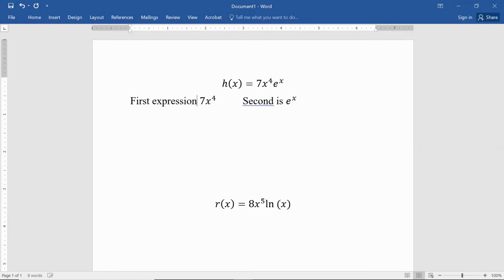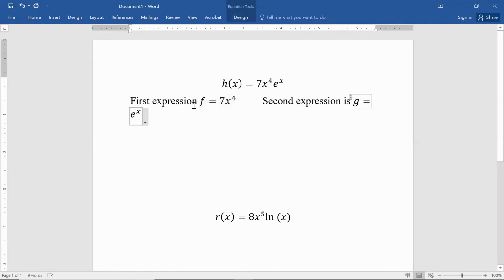We have one algebraic expression, which is 7x to the fourth, and it's multiplied by a second expression, which is e to the x. So just for the notes, we'll set that one equal to f, and we'll set the second expression equal to g.